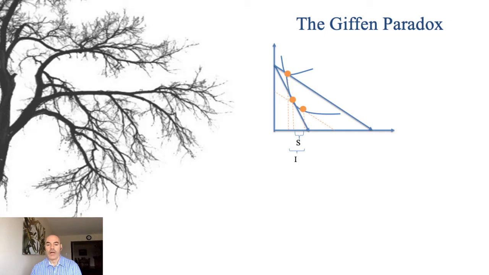I'm going to now shift the gears a little bit and go back to substitution and income effect. I want you to appreciate the magnitude and the scope of the subject matter and how critical it is to understand why people do what they do before they do it. And it's not just about people, but all living organisms as well.